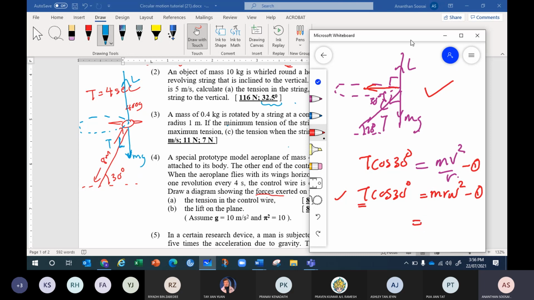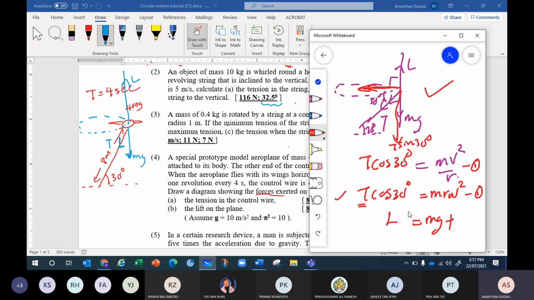What force is acting up? The only force acting up is the lifting force. What force acting down? Mg plus another force, the tension. The vertical component of the tension is acting down. Don't forget that. Tension acting horizontally provides the centripetal force, while the vertical component, T sin 30, acts down.